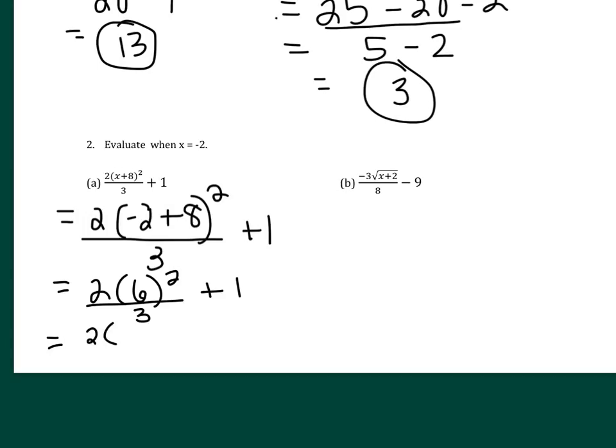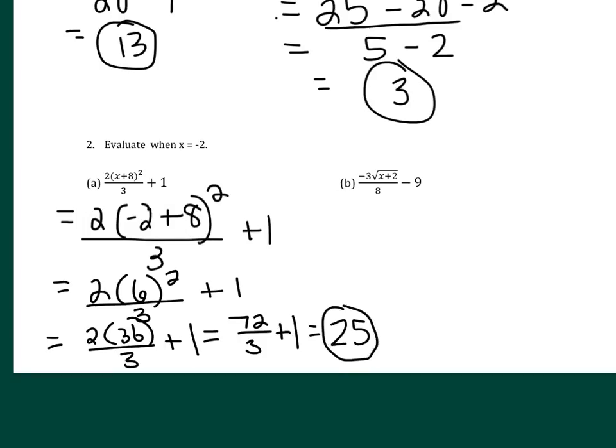So we end up with 2 times 36 divided by 3 plus 1. 2 times 36 happens to be 72. So 72 divided by 3 plus 1. 72 divided by 3 is 24. 24 plus 1 is 25. So there's your final value. It went from being a big mess to one numerical answer.